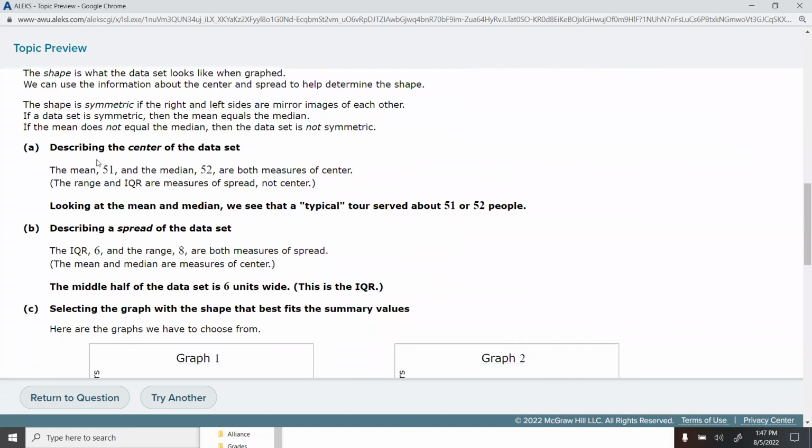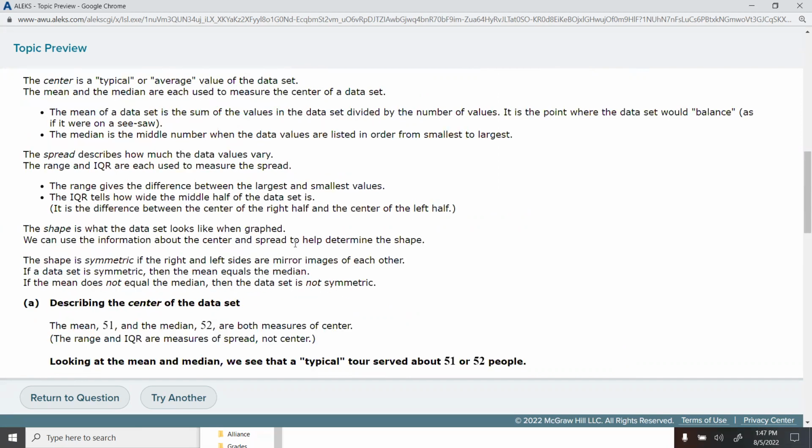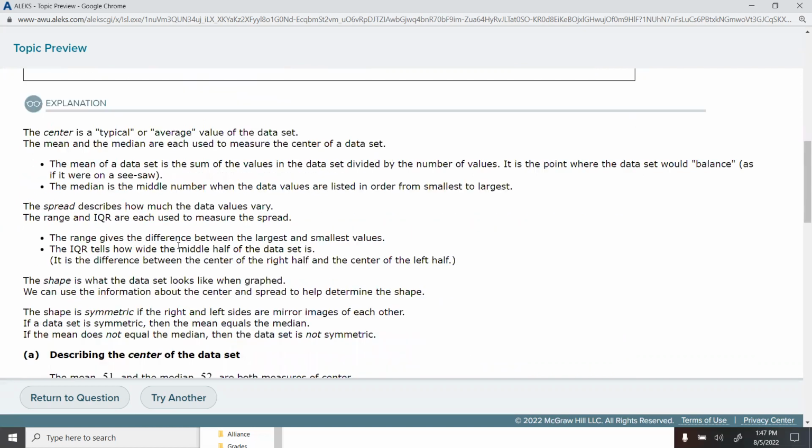The author says the mean 51, median 52 are both measures of center. The range and IQR are not, they're measures of spread. Looking at the mean and median, we see that a typical tour served about 51 or 52. Okay, that wasn't the most exciting phrasing. Now the author does talk a little bit about the IQR. Like we saw before, the range gives the difference between the largest and smallest values, but the interquartile range tells how wide the middle half of the data set is.